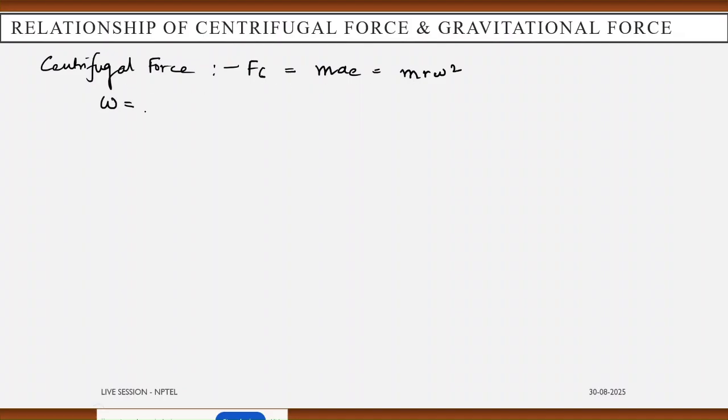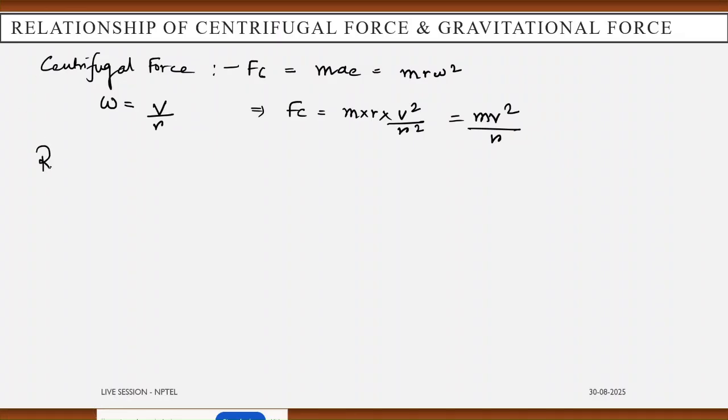Now omega equals v by r, which means Fc equals m v square by r.